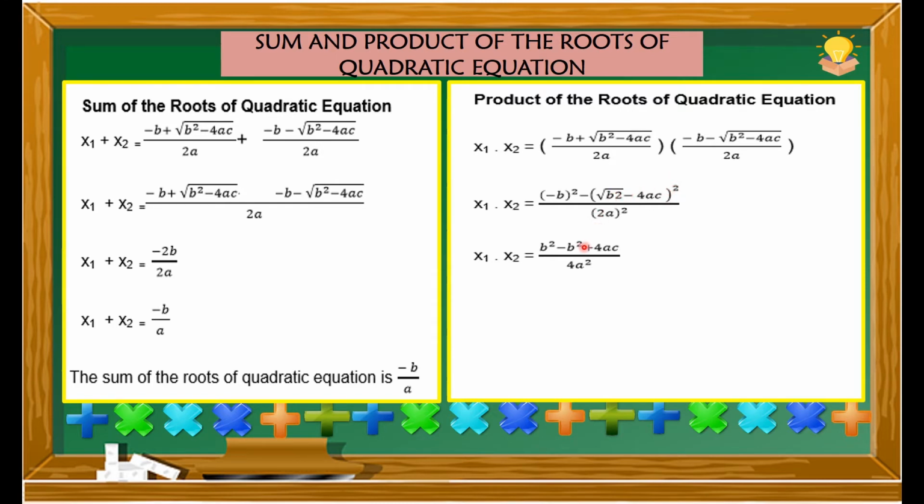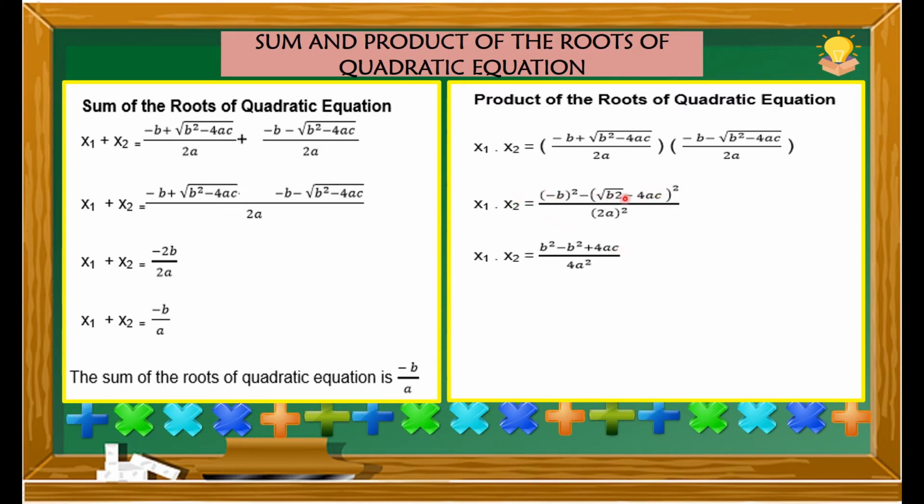Once you cancel that, it becomes b squared. So matatanggal na natin yung ating square root. Then this one is negative times negative is a positive value. So you have positive 4ac. Okay, now you can also simplify this if you want.